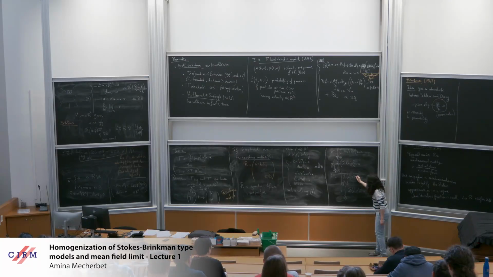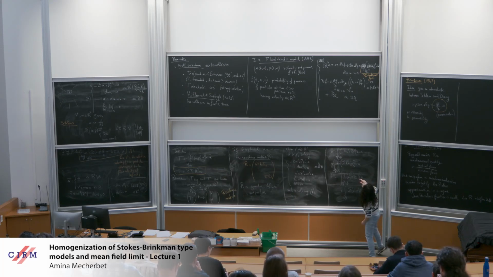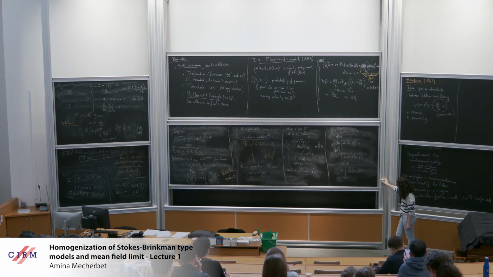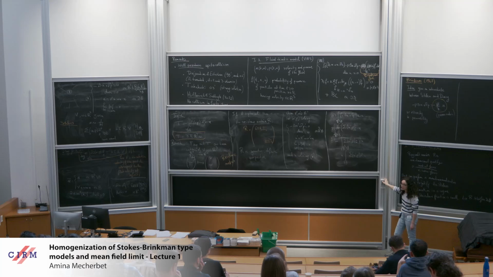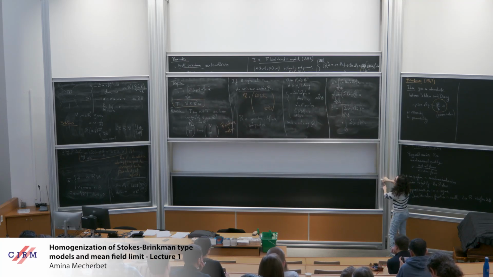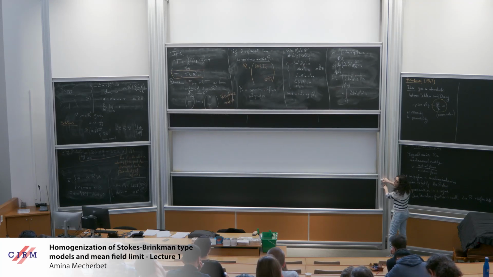Let me maybe clarify what this dot product is for those who are not familiar. So it's basically just the dot product for matrices. So you multiply all the components and you sum.